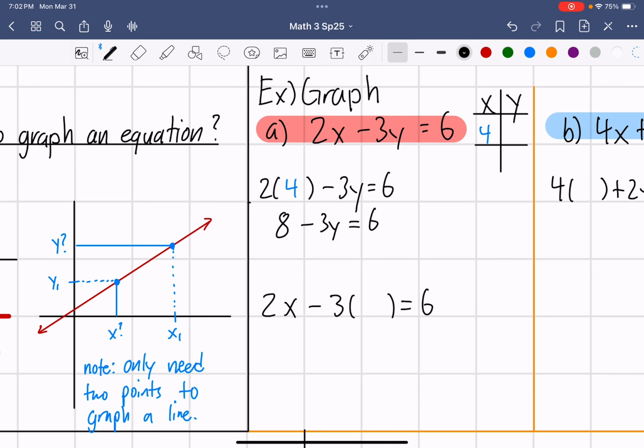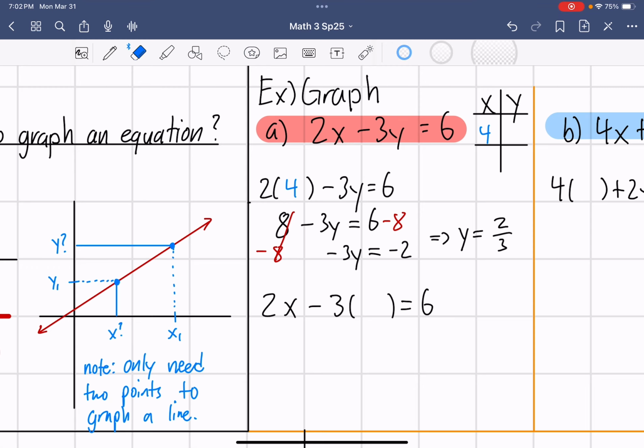I'm going to subtract 8 from both sides, right? That leaves me with negative 3y equals negative 2. And then if I divide both sides by negative 3, my y value is going to be 2 over 3.